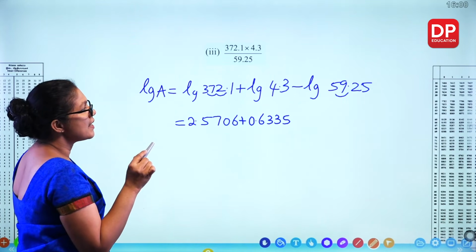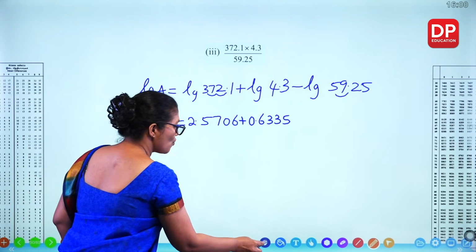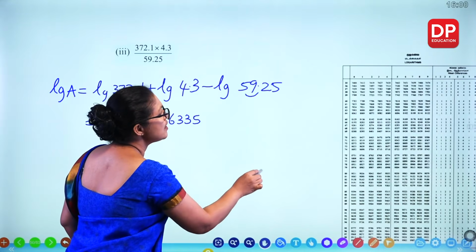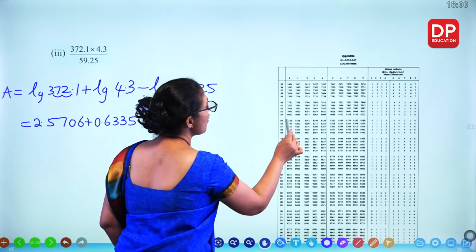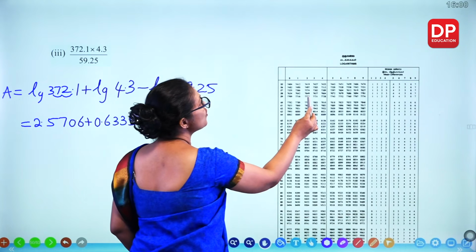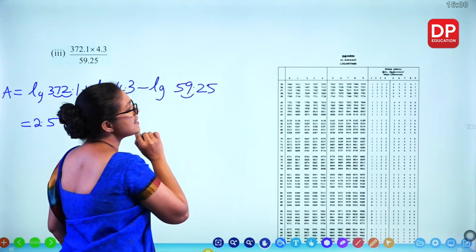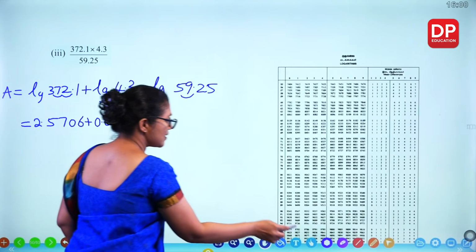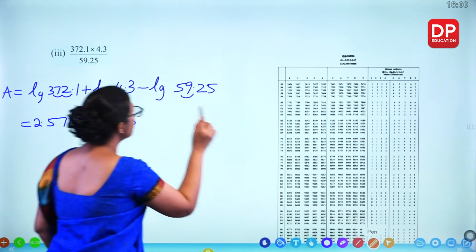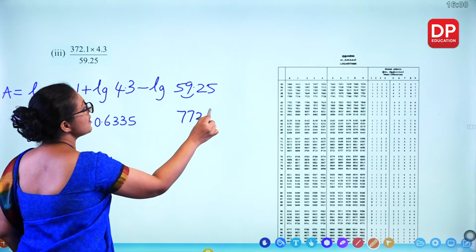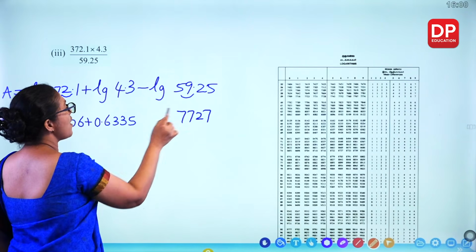And the next one is 5925. 5925 is from this table. 59.2 and 5 is 7727, and the characteristic is 1.